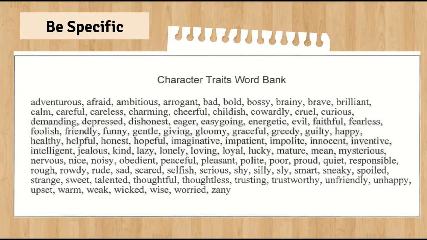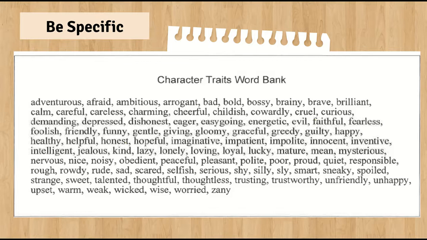Now, when you are using characterization, you want to be really specific with the character traits that you choose. You can think of words off the top of your head, and again, you're wanting to use adjectives. But most of the time, especially as 7th graders, you'd probably think of commonly used words that might be too repetitive and not very descriptive.